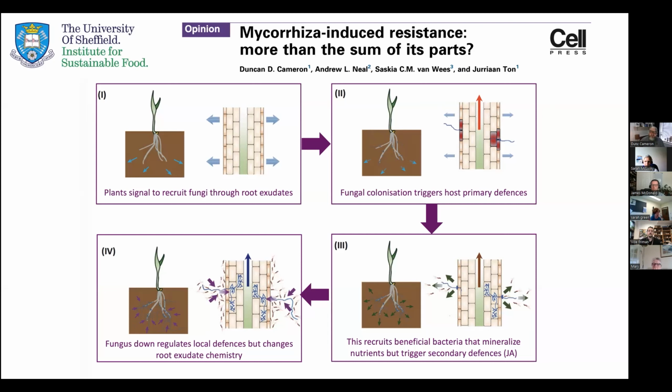In the process then of sending these signals to the fungus, the mycorrhizal fungus, it influences the chemistry of the root exudates that are produced by the plant.